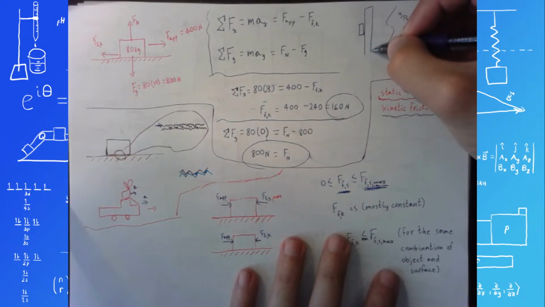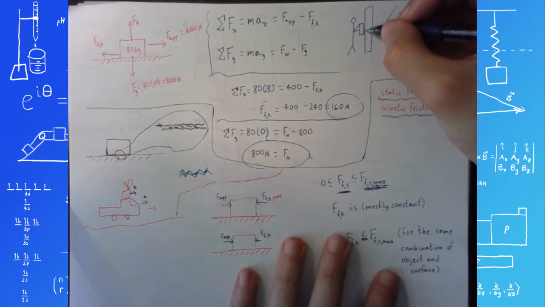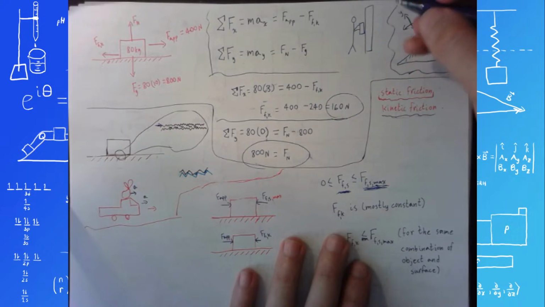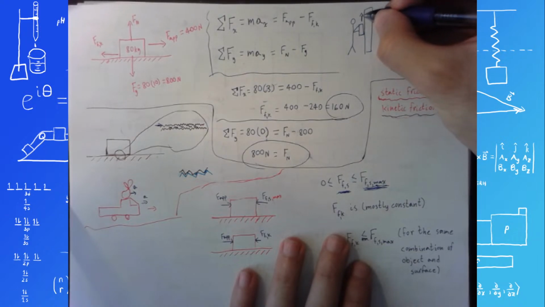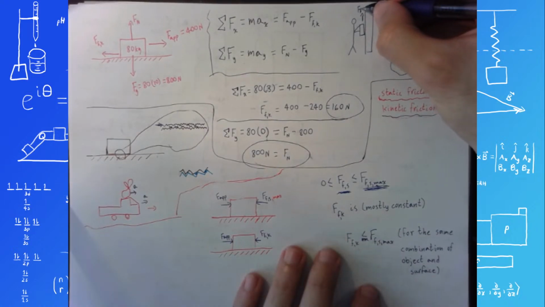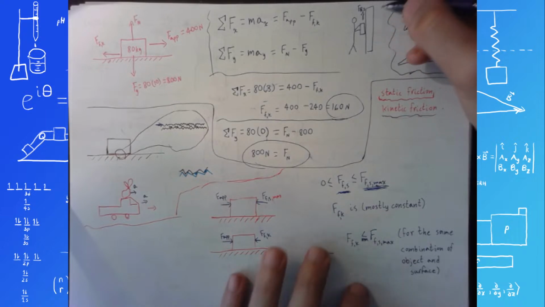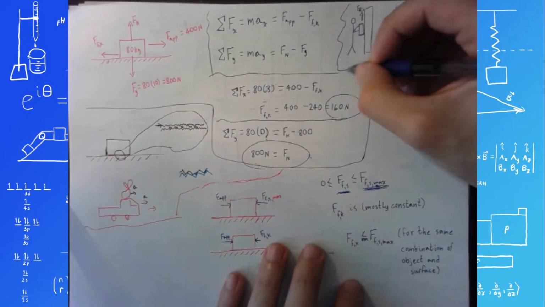If you push something against a wall, the object just stays up and doesn't fall down. Why is that? That's because of static friction. Force of friction, static. That's probably not even readable, but you get what I'm trying to say here.